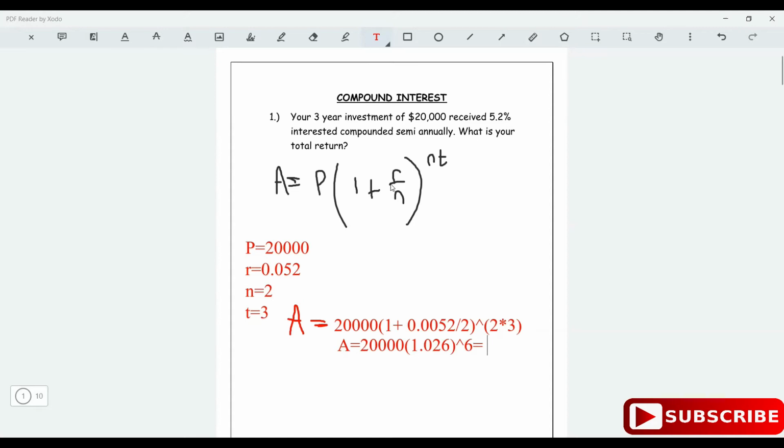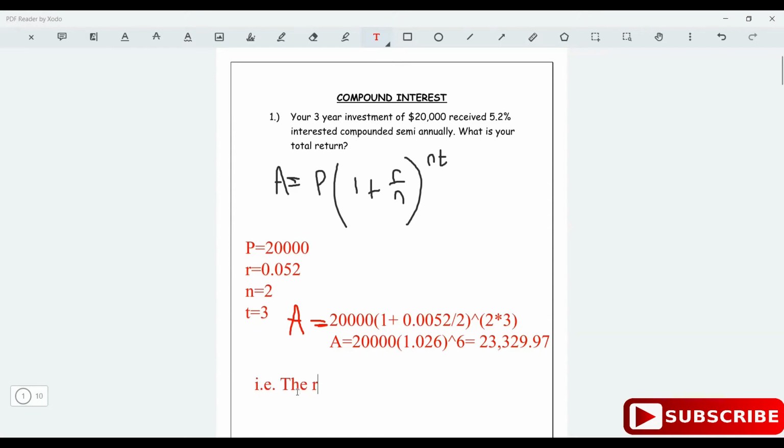This works out to be 20,000 times 1.026 raised to the 6th power. That works out to be 23,329.97. So that's your return. So let's write that down.